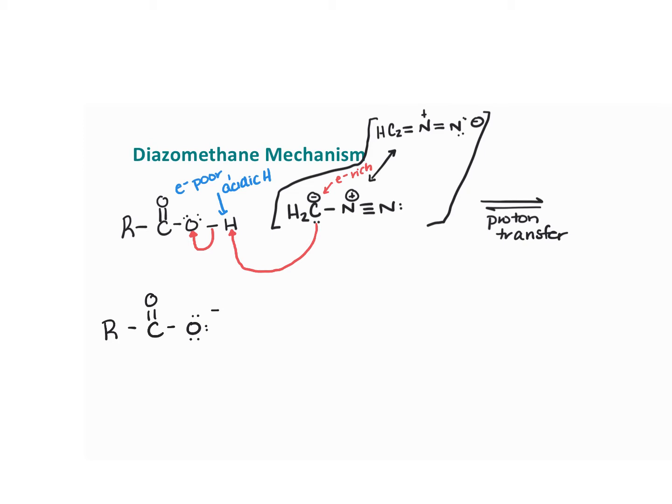And at this stage, what we're going to see is now that oxygen is really electron rich, and if we follow our arrow here, now we have CH3 in, 1, 2, 3, okay? And so while this guy here is very electron rich, this carbon here is very electron poor.